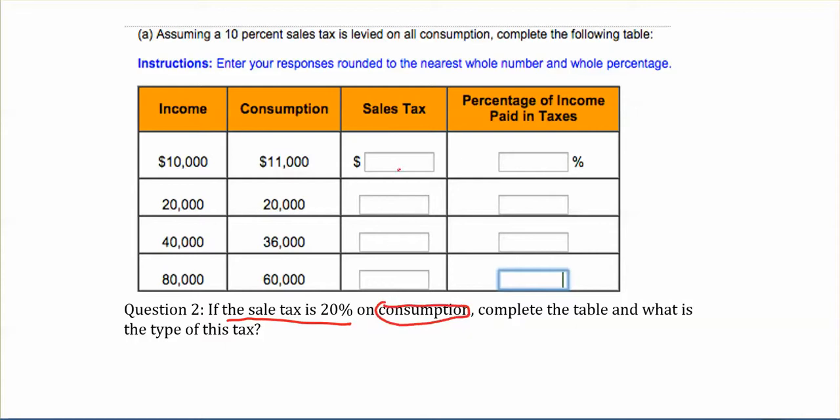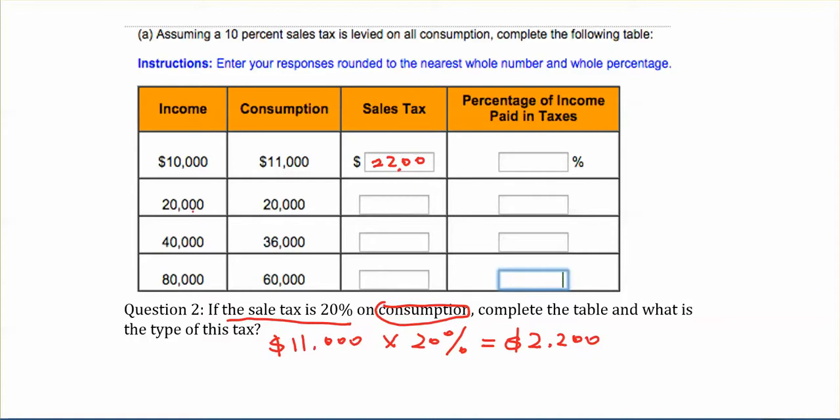So in order to fill in this blank, we need to do a multiplication calculation. For the first cell we will have $11,000 times 20%, and we will get $2,200. So you can write down here.